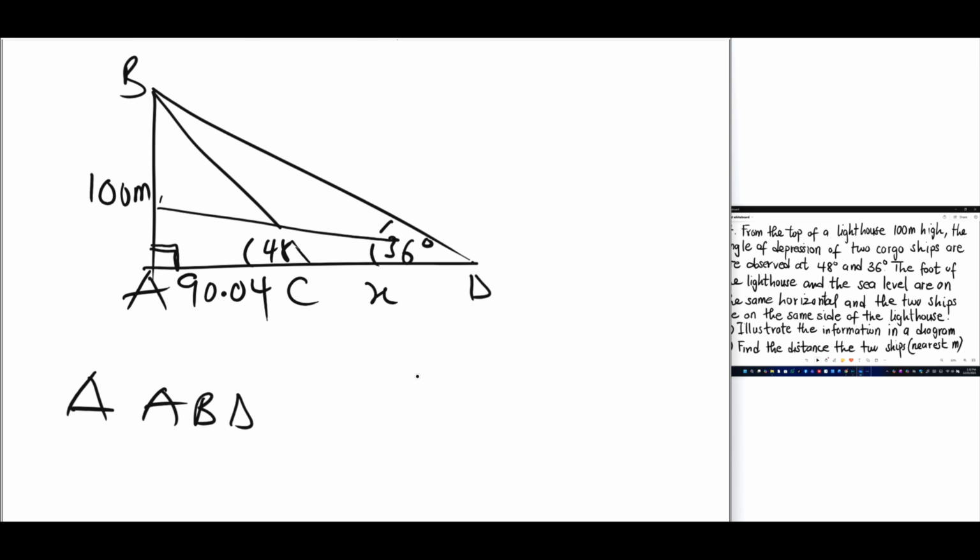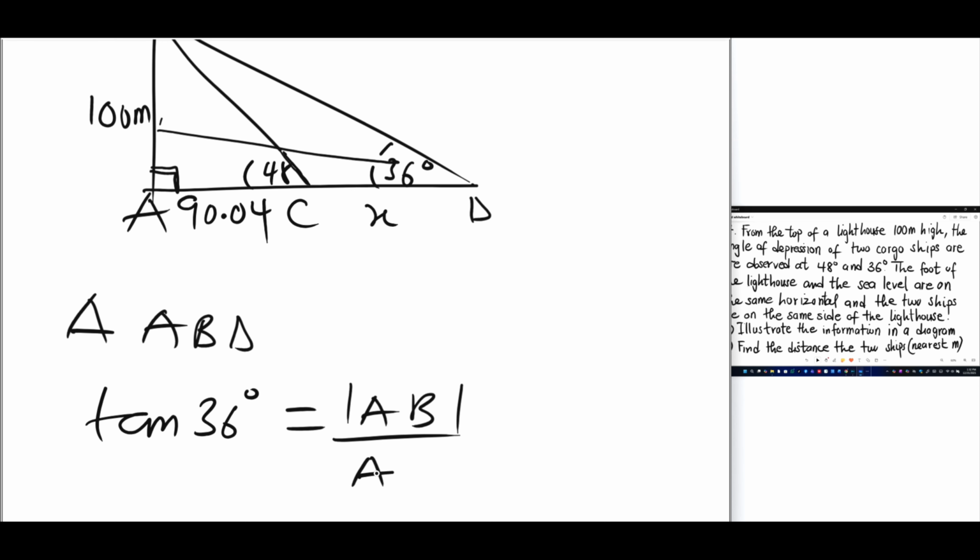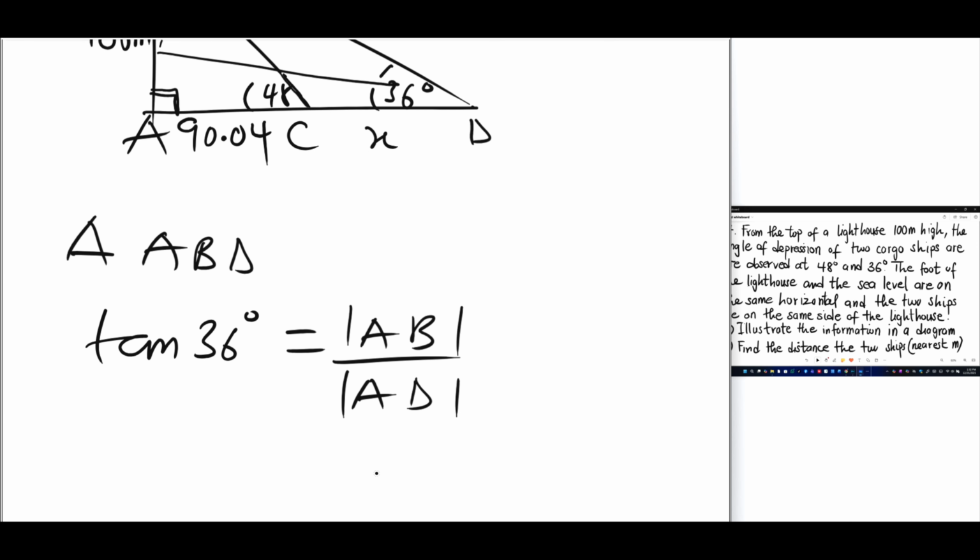When you are applying the trig ratios, they work for only right angle triangles. So we are considering the bigger triangle ABD. The side facing the angle 36 is 100. So we have tan 36 degrees is equal to opposite, which is AB, divided by adjacent. So adjacent is AD, that is A to D when you consider the bigger triangle.